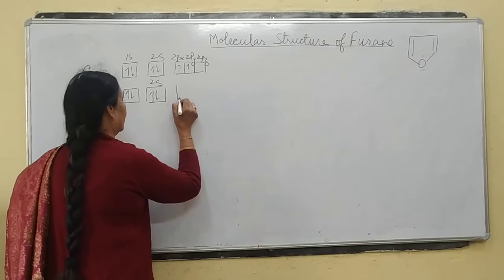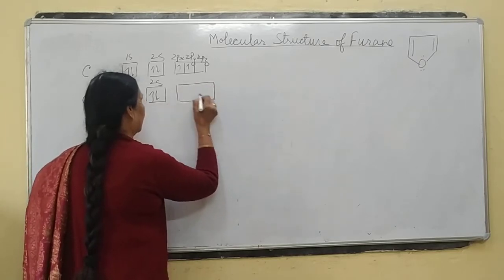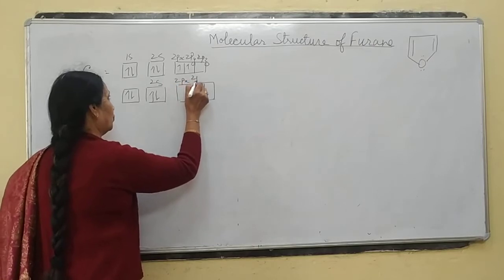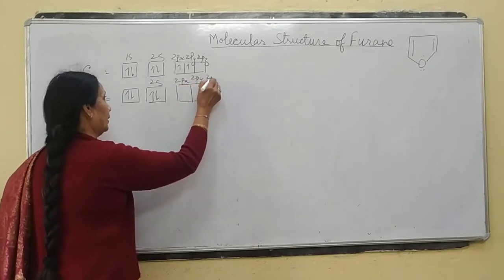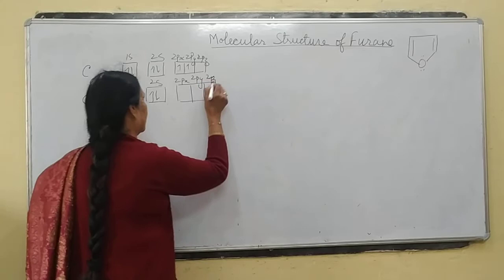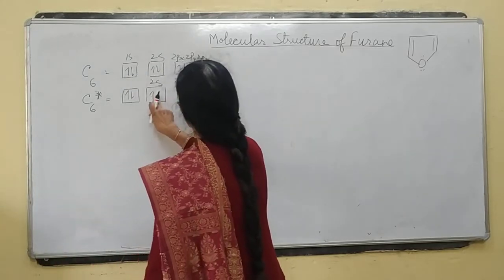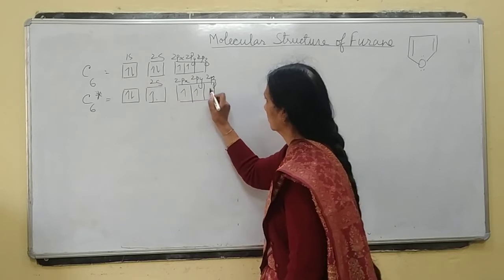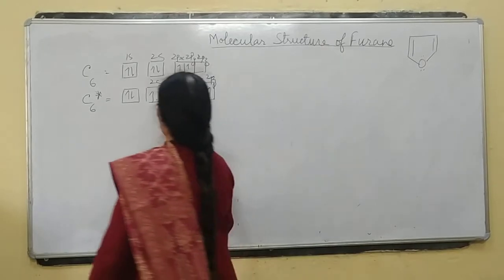Like this, 2px, 2py and 2pz. 1 electron from here goes to the pz orbital.